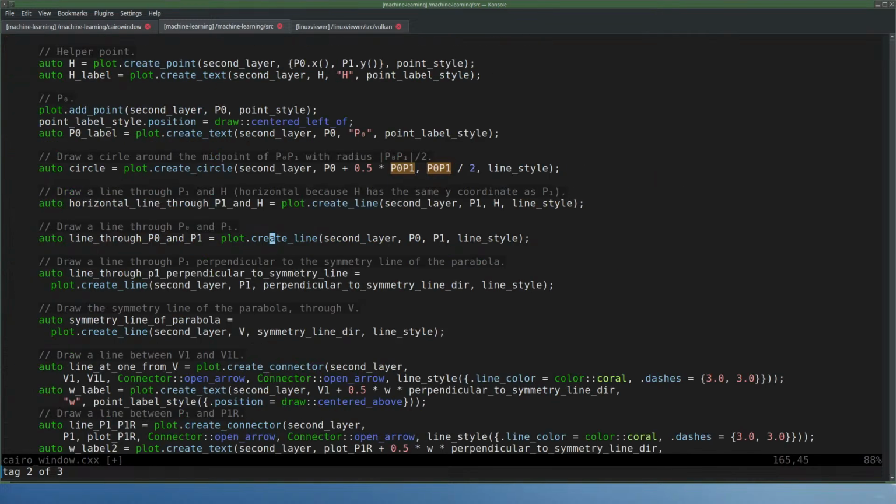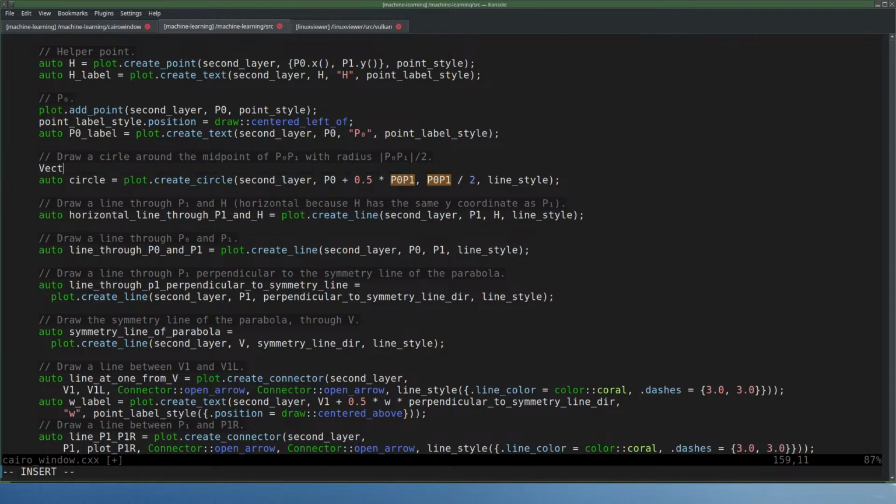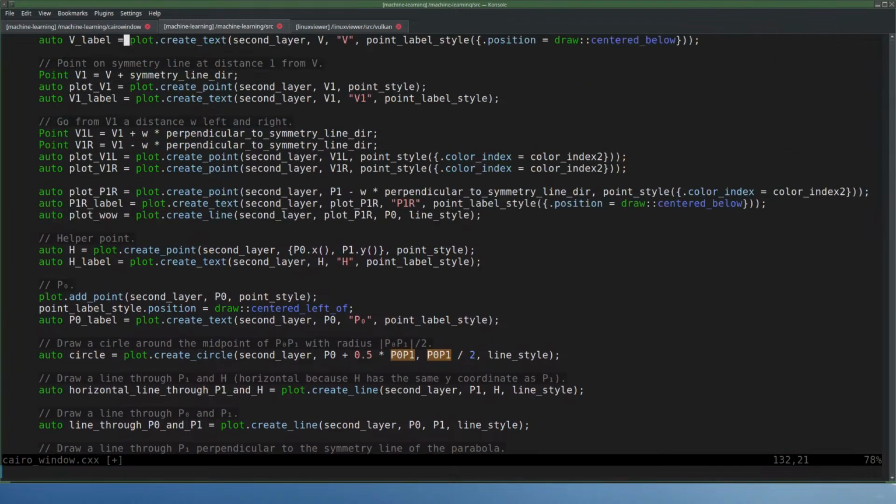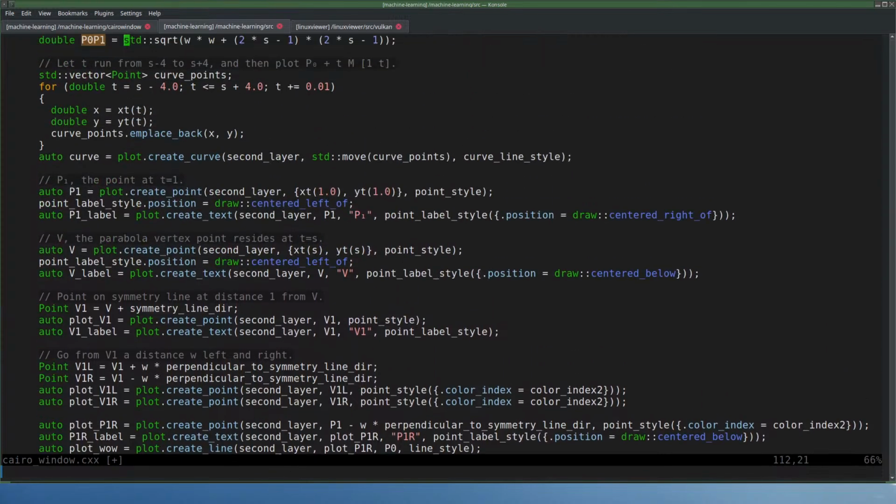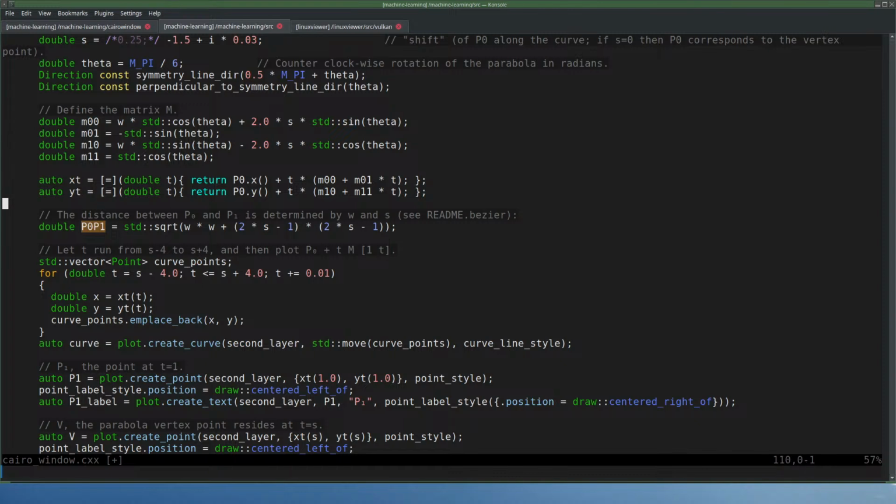Might as well go straight to a vector. It's kind of strange, I still don't have a vector. Okay, P0, P1. I'm going to put that in instead of the P0, P1. It should have been a vector to begin with. So this thing is nonsense. This is my V, really.